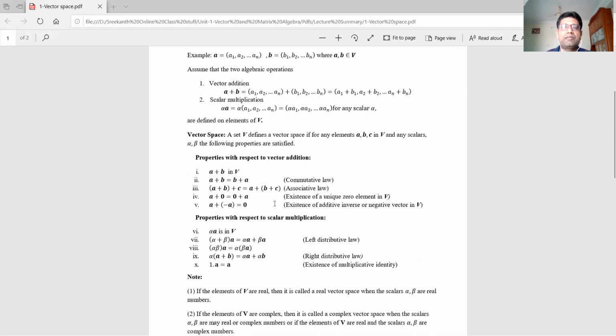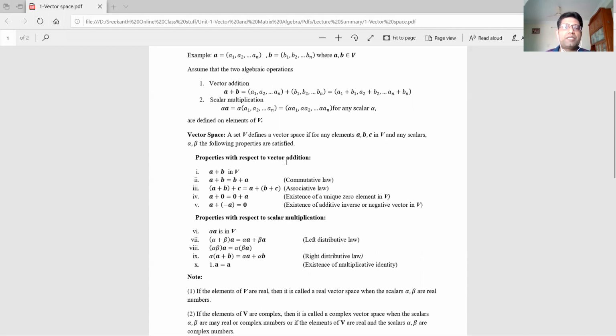The set V comprises elements A, B, C, and alpha and beta are two scalars. Whenever it satisfies the following 10 axioms, 5 axioms with respect to addition and 5 with respect to scalar multiplication, then we say that it is a vector space. So what are these axioms?